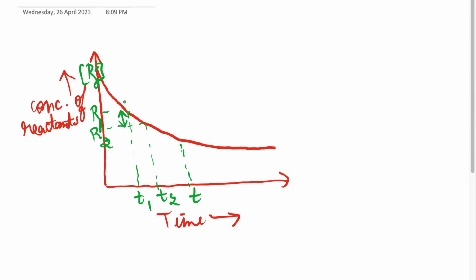This is delta R, and this is delta T. So the average rate is given by this line.